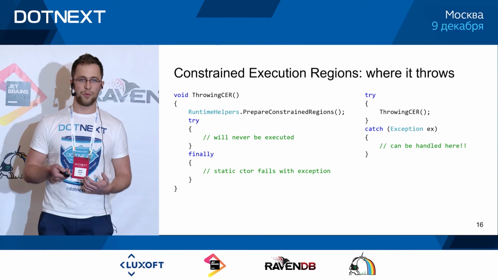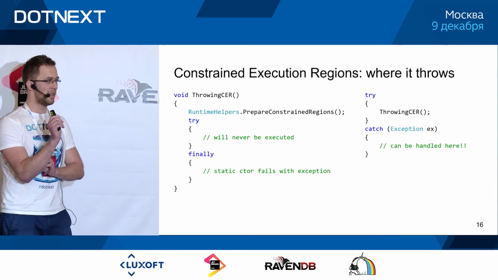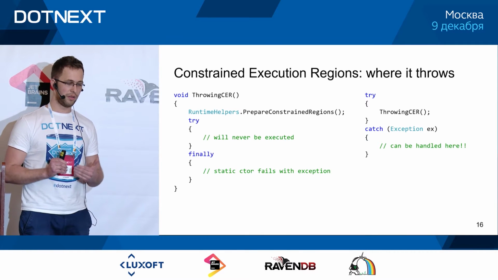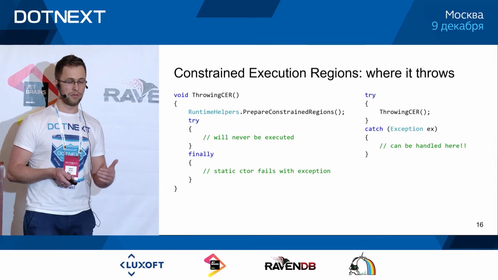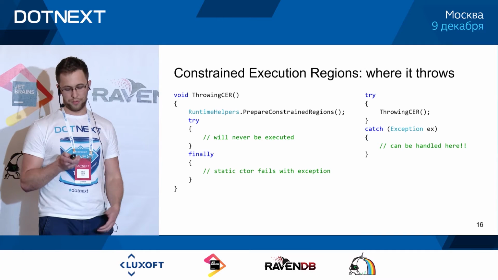And you might think, why would anybody use that? This feature is, for example, used in databases like SQL Server. If you cannot deallocate a resource, don't even try to allocate one. So the usage is quite limited, but very powerful.